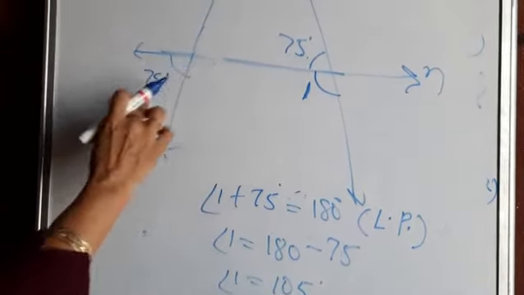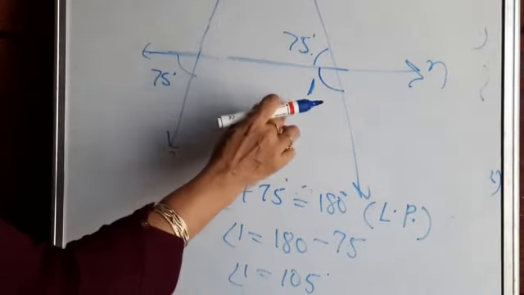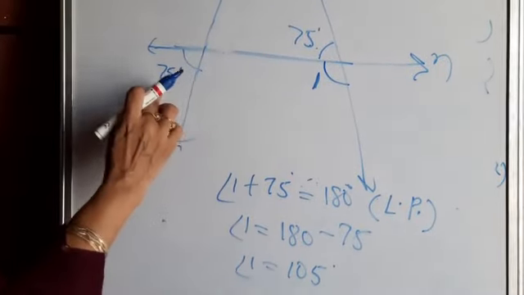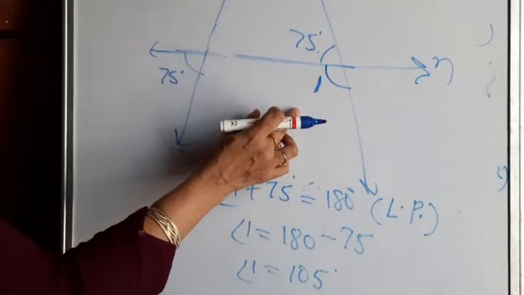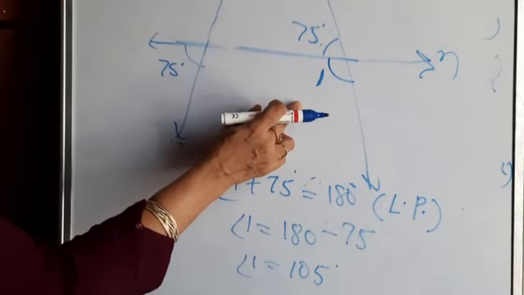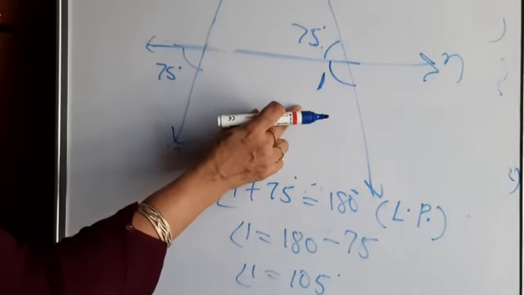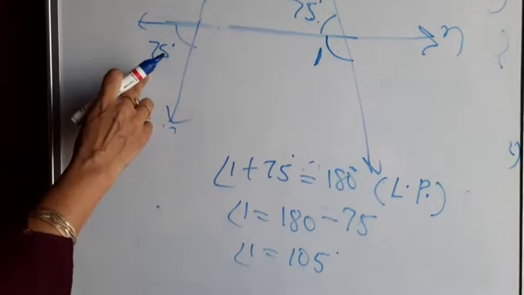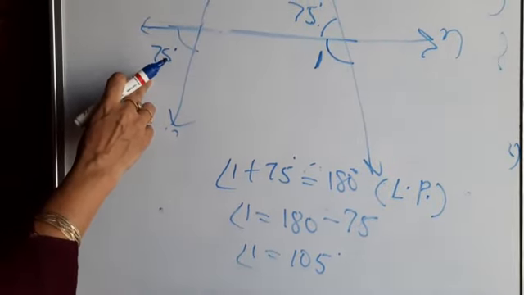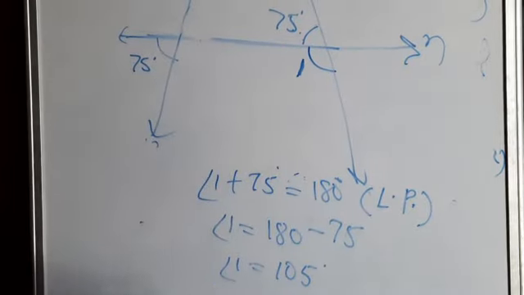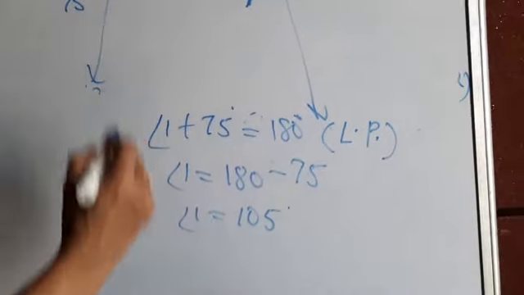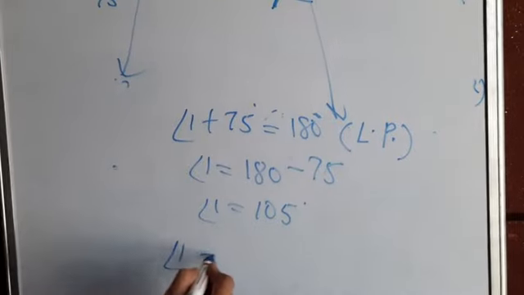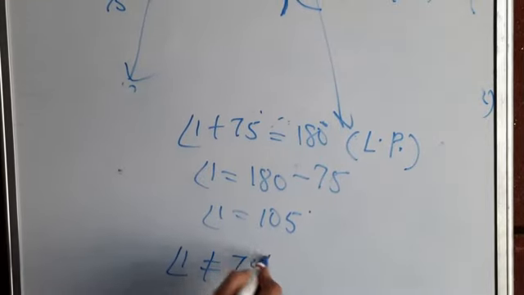Now see, these two angles are corresponding angles, and if corresponding angles are not equal, it means lines are not parallel. The condition is this: if corresponding angles are equal, then lines are parallel. But here 1 and 75 are corresponding, so angle 1 is not equal to 75.